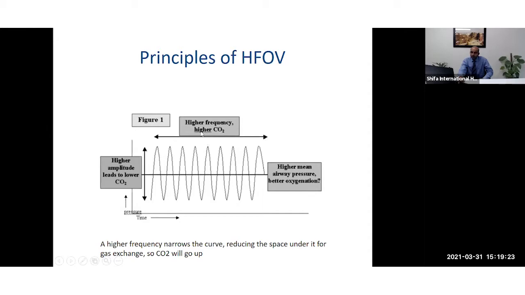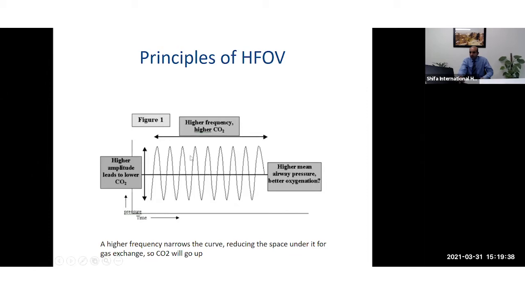However, the relationship between the frequency and CO2 is different from conventional ventilation. So if the frequency is increased, say for example, from 10 to 12 or 14, this curve will become narrower.